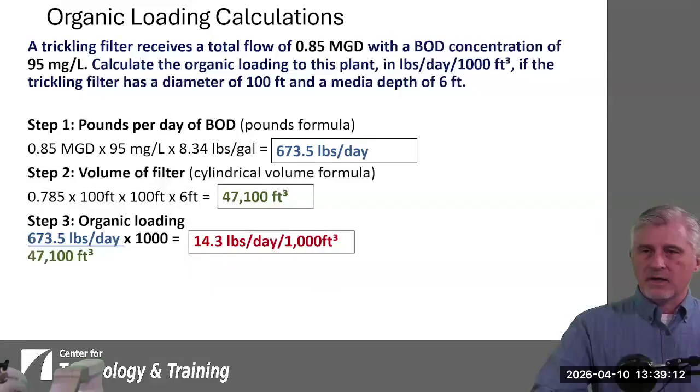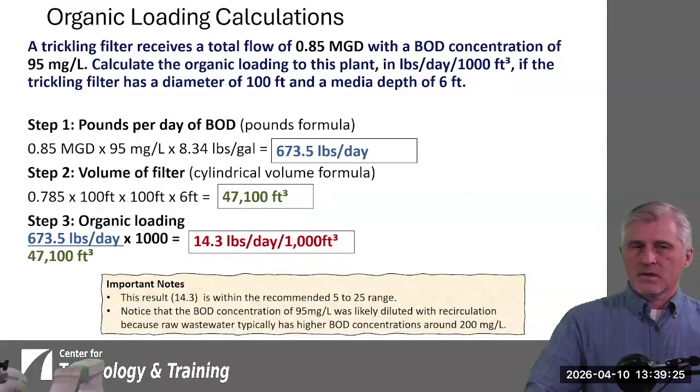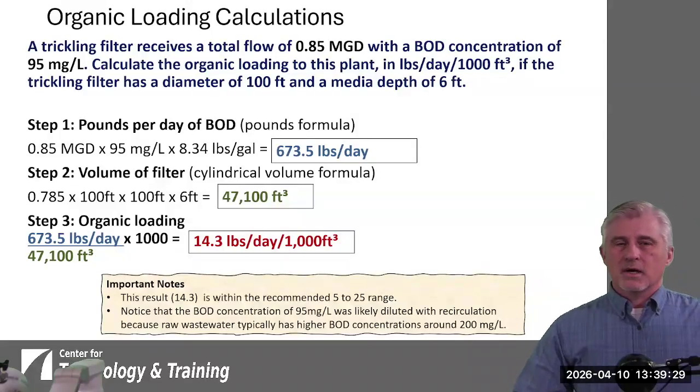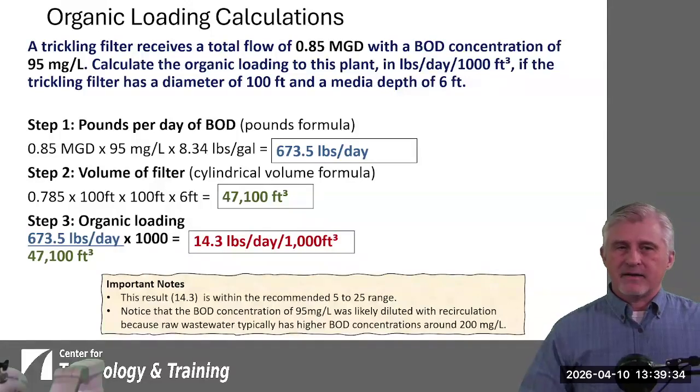If we do that, we get 14.3 pounds per day per 1,000 cubic foot of filter. So the things to note: we have a recommended range for that of 5 to 25. So that's well within our range.